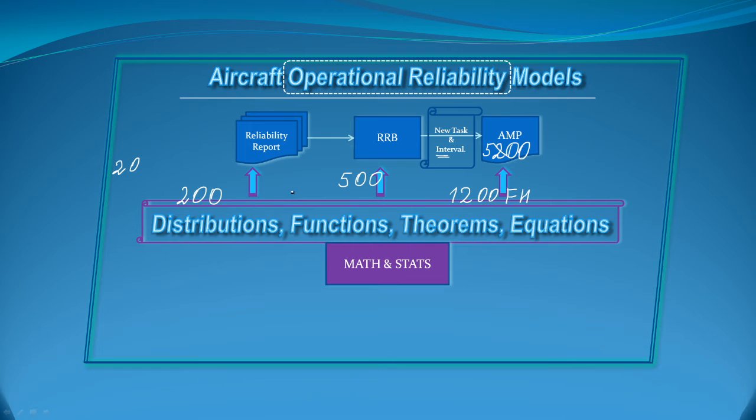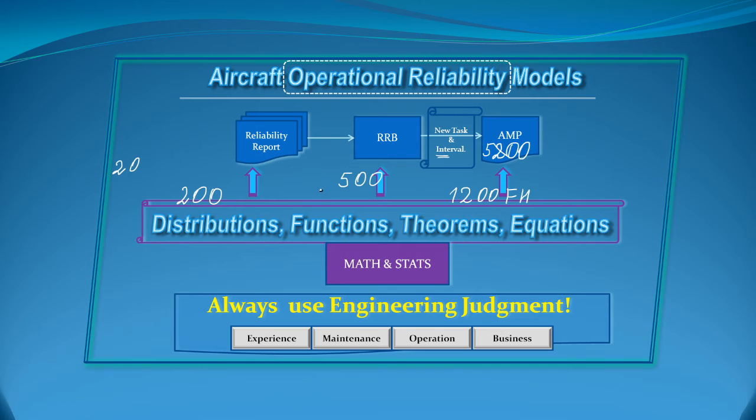The answer is no. Why? Because the final decision should be based on engineering judgment, which should be based on experience, maintenance, operation, and business requirements and models. We cannot just blindly take these 500 flight hours.